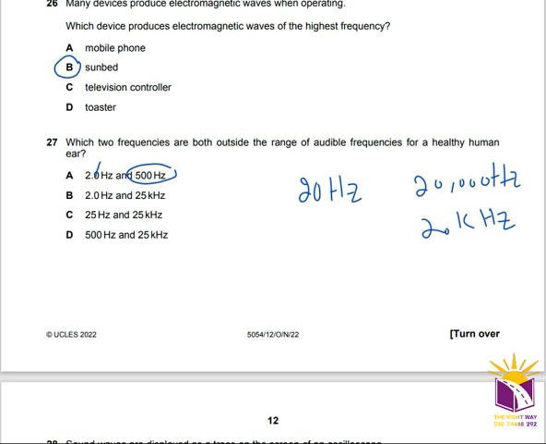For the second one, 2 Hz and 25 kHz are both outside the range. So B is the right option. Let's check the others. 25 Hz is in the audible range, but 25 kHz is not. The same for D: 500 Hz is in the audible range, but 25 kHz is not.